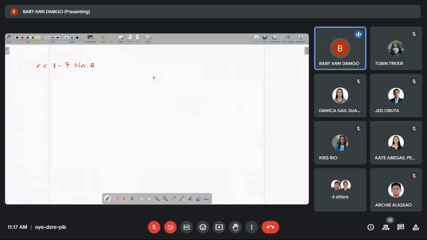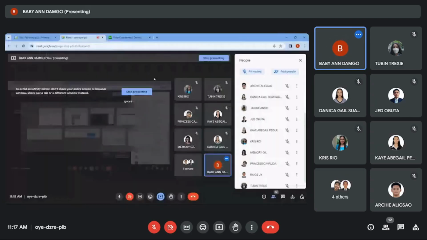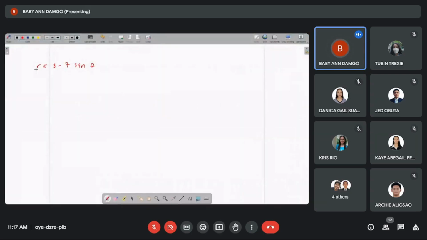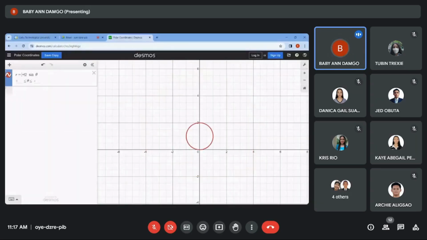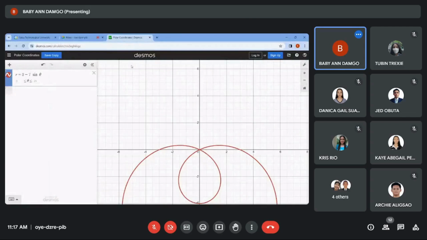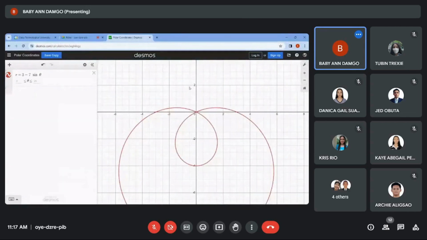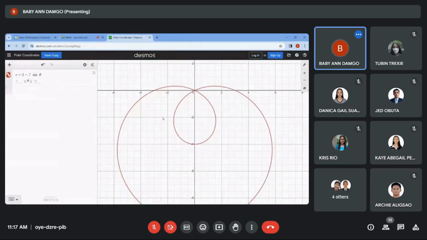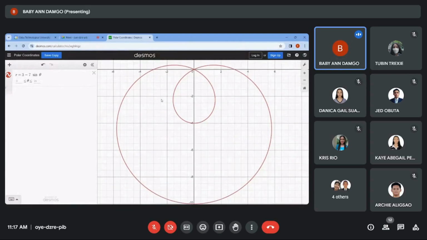Okay, so another. So ato ni siyang i-graph sa Desmos. We have r is 3 minus 7 sine theta. Okay, so this is the graph. Question?